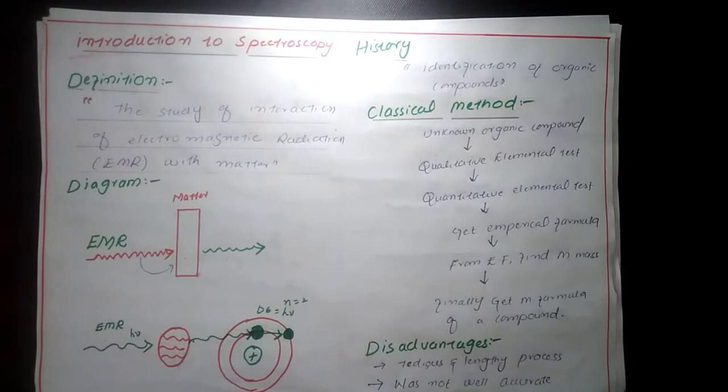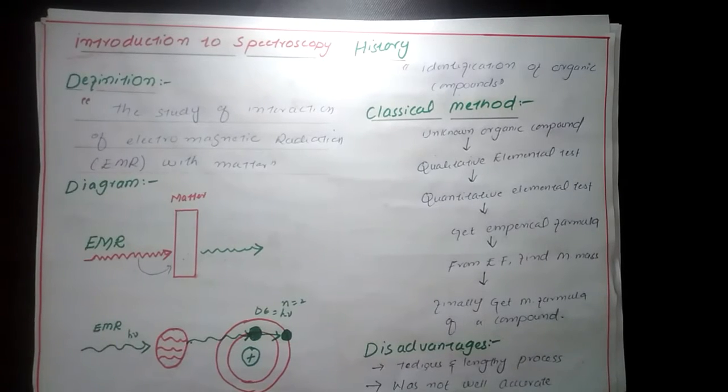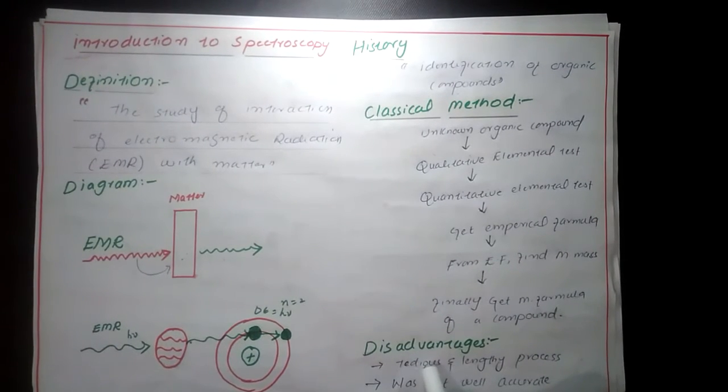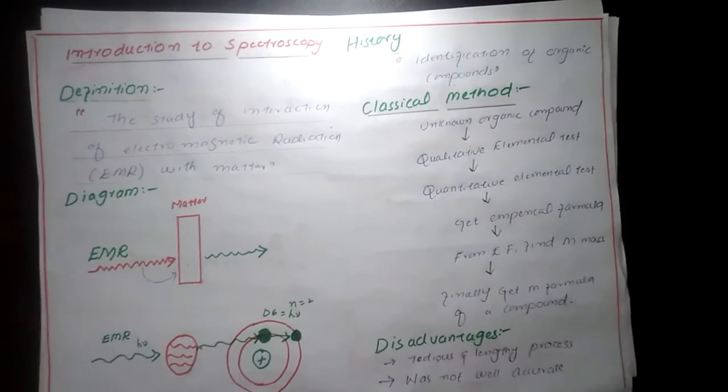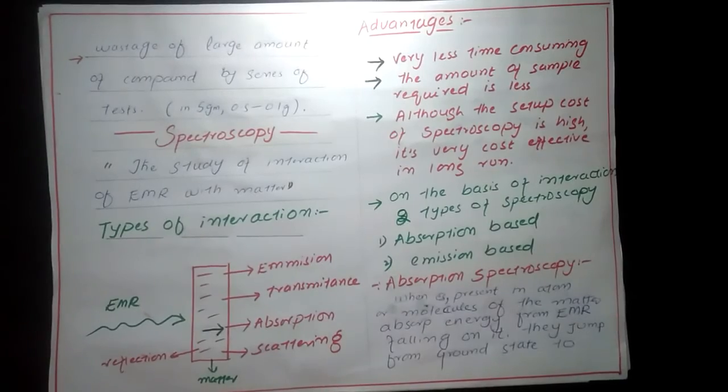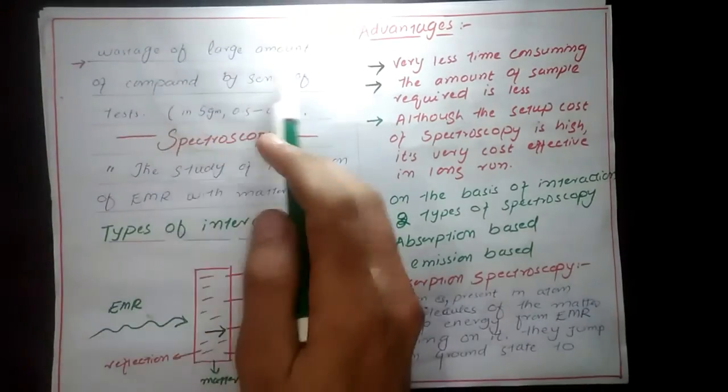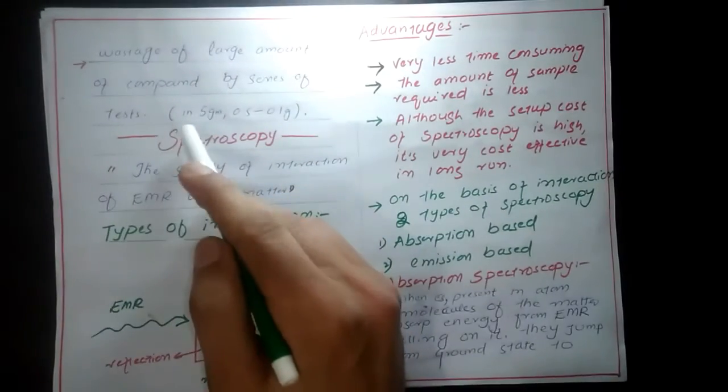Well, this method is no longer used because there are certain disadvantages to it, right? It was tedious, a lengthy process, not very accurate, and wasted a large amount of compound by a series of tests.